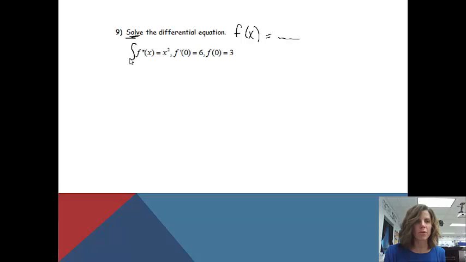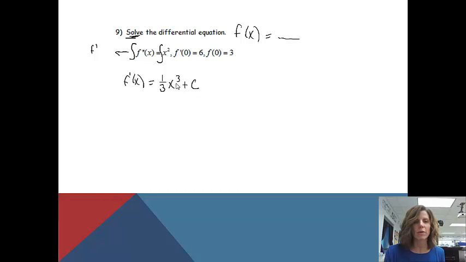So notice if I took the antiderivative of both sides, that's working backwards. I'm going to go from f double prime back to f prime. So if I take the antiderivative of f double prime, that's going to put me at f prime. And I also know that the antiderivative of x squared will be 1/3 x cubed plus c.